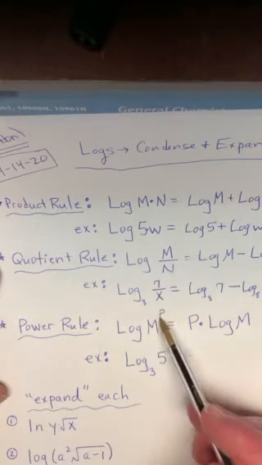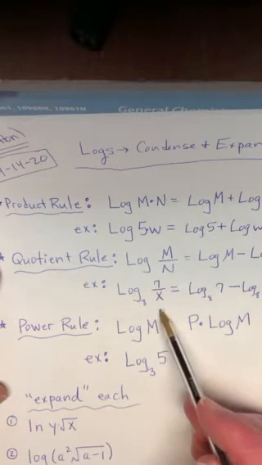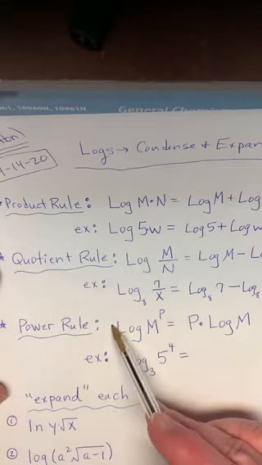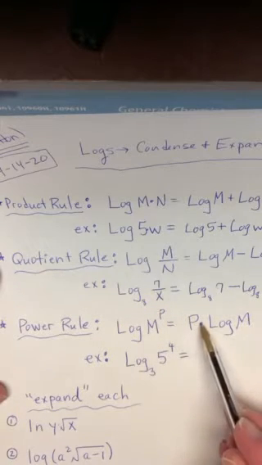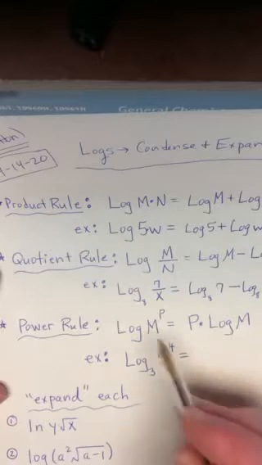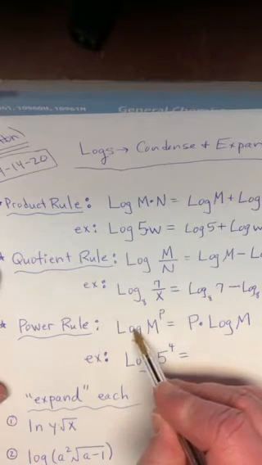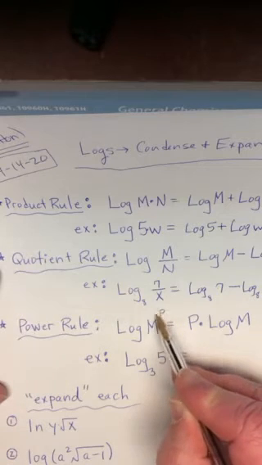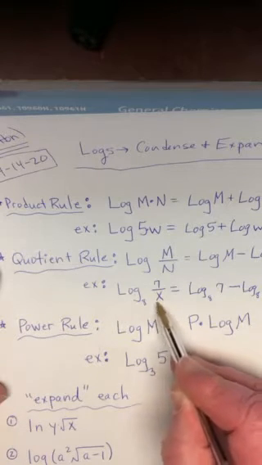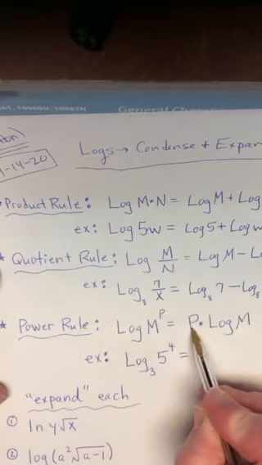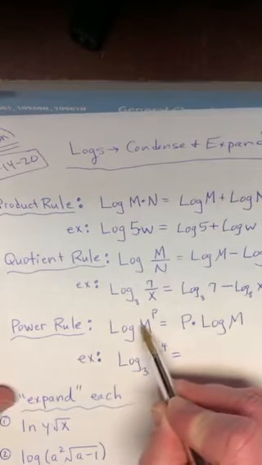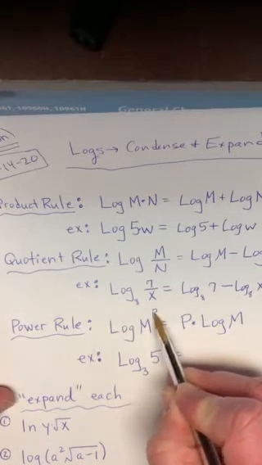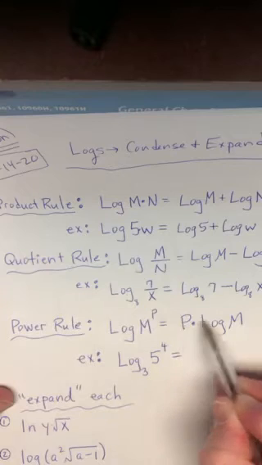You're allowed to take that power and move it to the front of the logarithm and turn it into a dot-connected scenario. So anytime you have the log of something that's raised to an exponent, that power, that exponent, can get moved to the front of the problem. So the log of m to the p power can be written as p times the log of m.